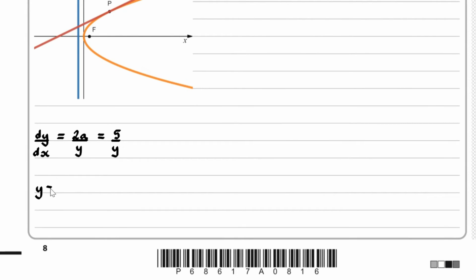Now, when y is equal to q, we can find out what x is and what dy over dx is.